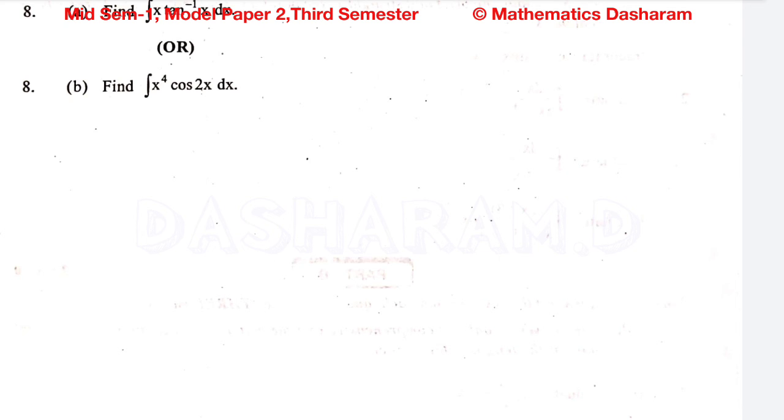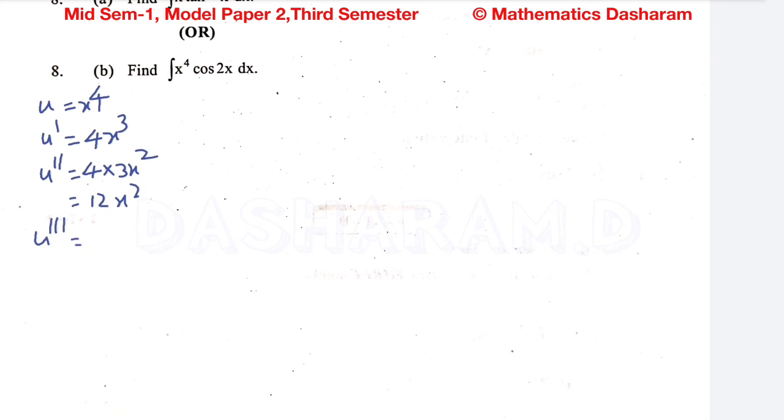In Bernoulli's rule, here u is what? x to the power of 4 is u. So in Bernoulli's rule, we need to find u dash, u double dash. So u dash equals derivative of x to the power of 4, that is 4x cube. u double dash equals derivative of 4x cube, 4 into 3x square, it is 12x square. u triple dash equals derivative of 12x square, so 12 into 2x, that is 24x.